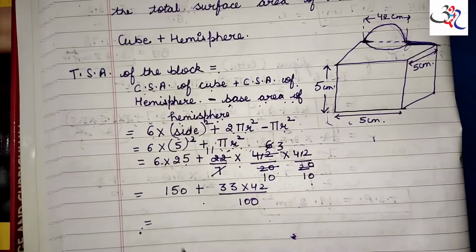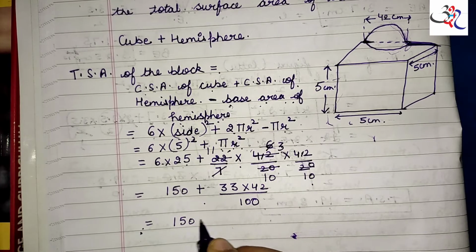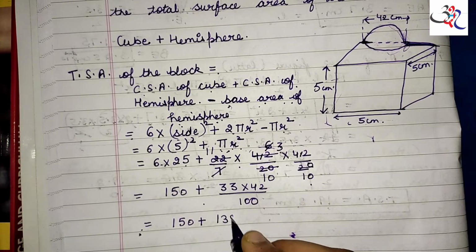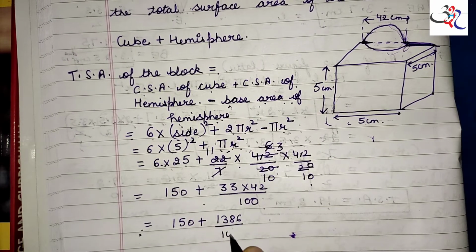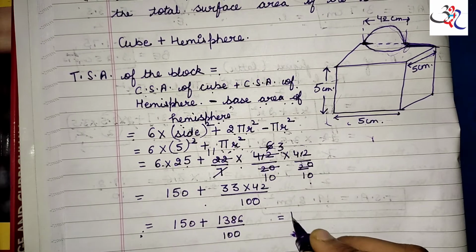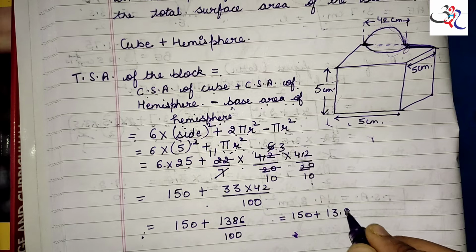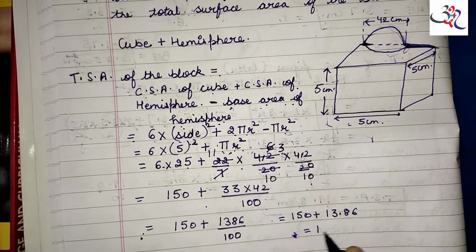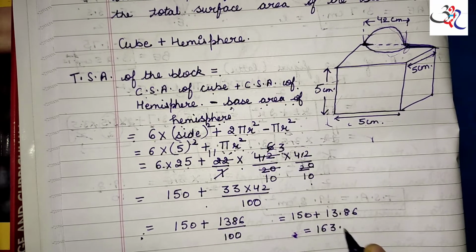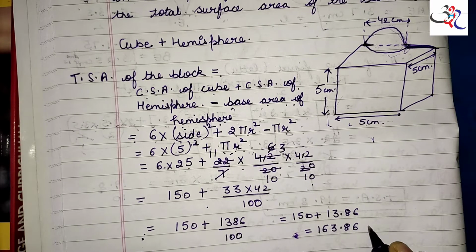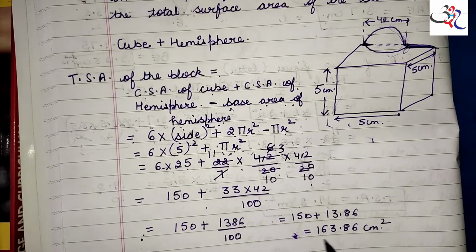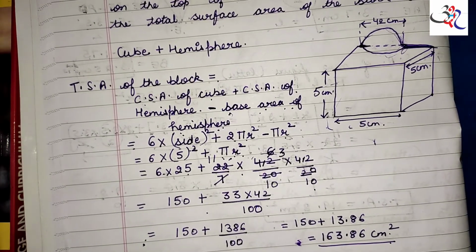So I will get 150 plus 1386 divided by 100. So it will be 150 plus 13.86, which will give me 163.86 centimeter square will be my answer.